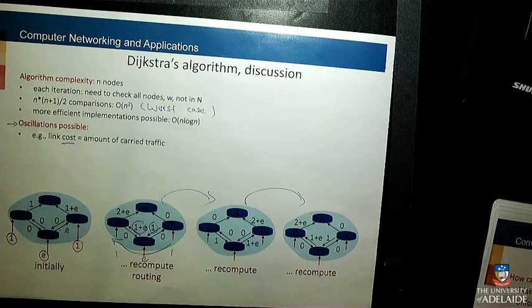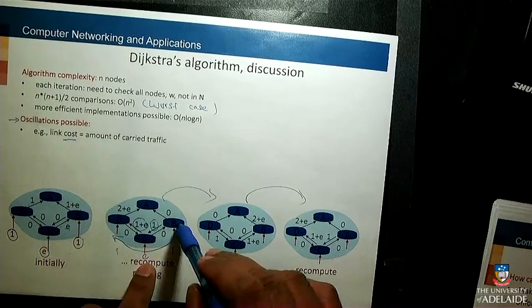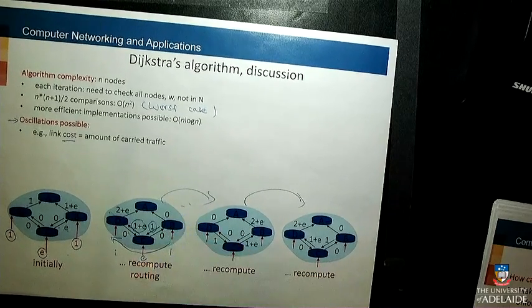Possibly, but you don't know. It's dynamic, right? I mean, with hindsight, yes, but we don't have hindsight. Why does this oscillation happen? Why do C and B both end up sending that way and then that way again?